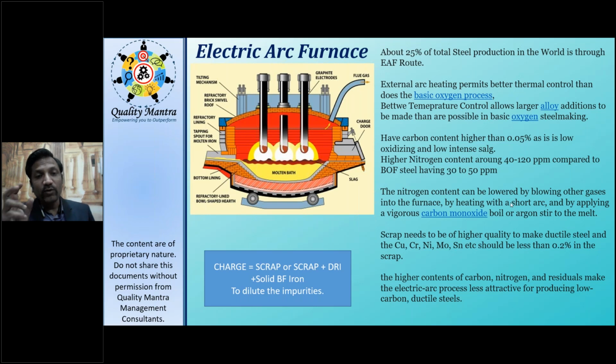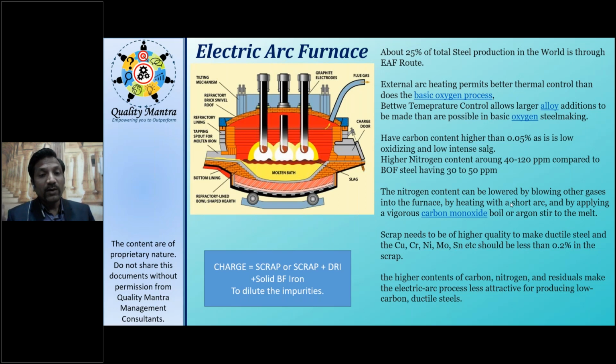And one more thing is that for the electric arc furnace, the quality of the scrap is of very much importance. You need scrap with a very low amount of copper, chromium, nickel, molybdenum, tin, and it should be less than, put together, 0.2% in the scrap, so that you can produce a steel with higher ductility.